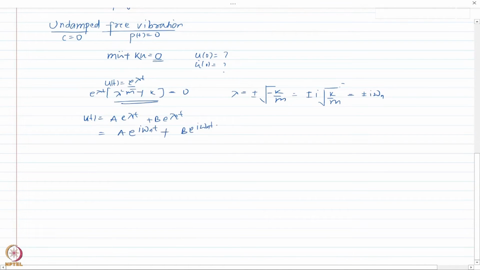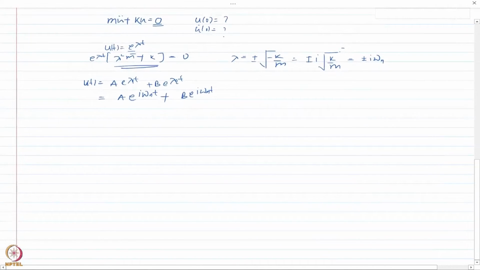Now if you remember from your complex numbers theory, what did you have? If you have e to the power ix, you could write it as cos x plus i sin x, remember, and then e to the power minus ix can be written as cos x minus i sin x.